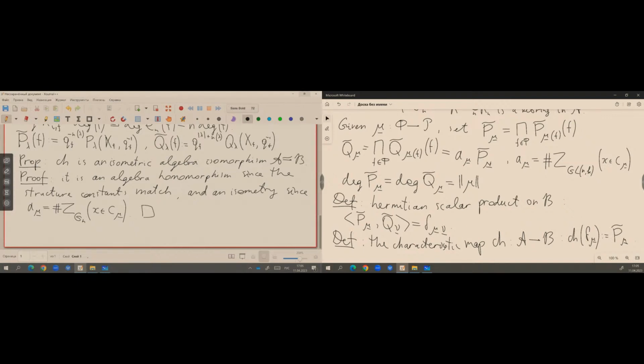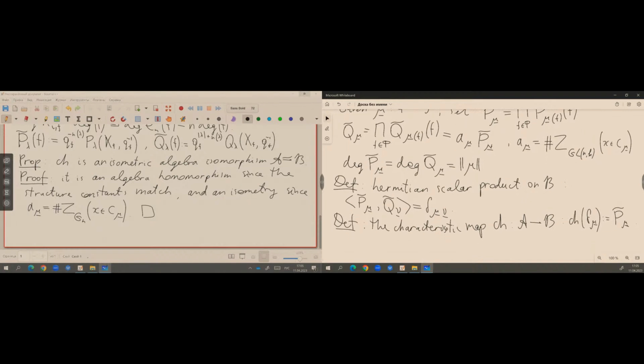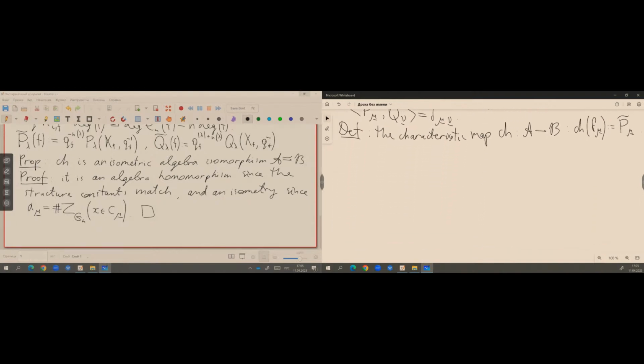Okay, so now we have to introduce the would-be characters, functions.